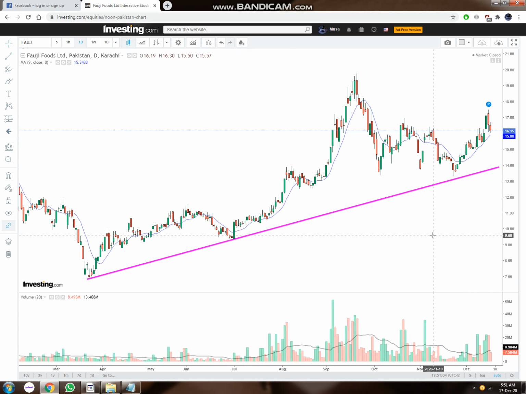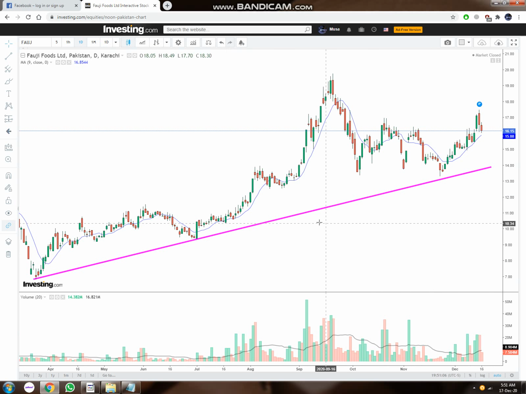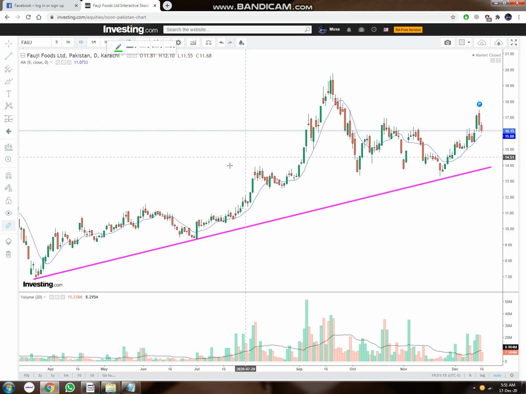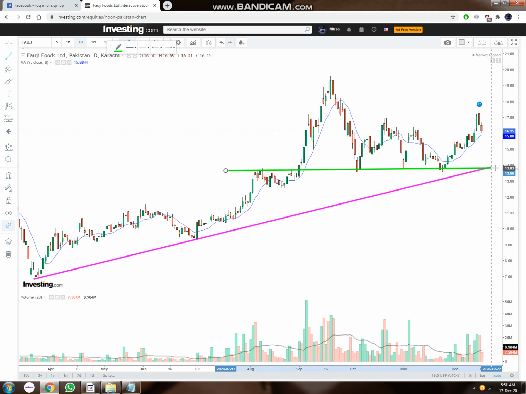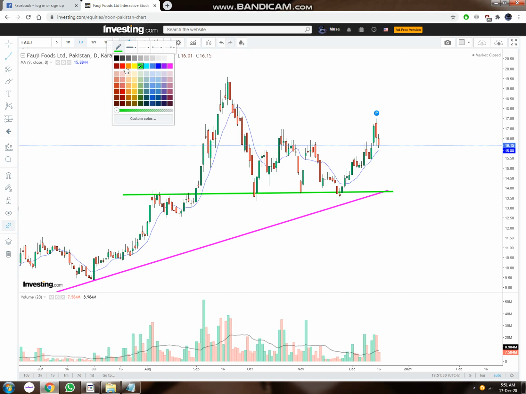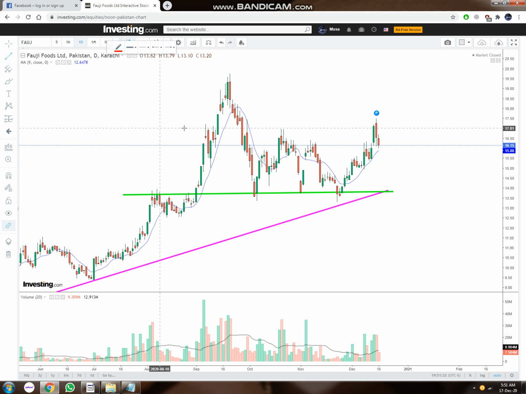This strategy is valid over here, but you can also apply a certain strategy like something over here. This is a support level, as you can see here, and this over here is a resistance level.